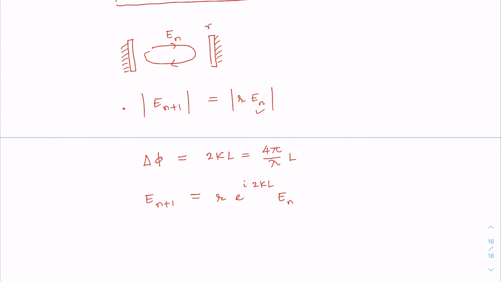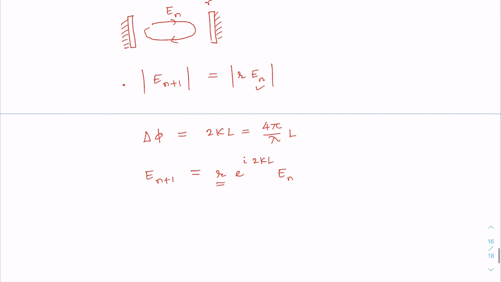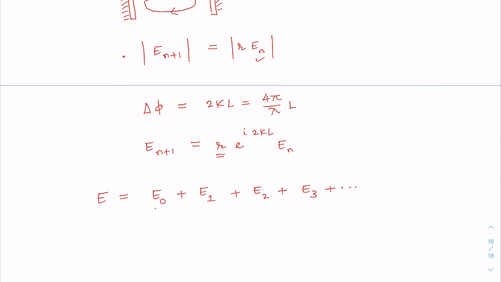Now let us assume that this quantity R is real, and consider the total wave over all the round trips. Initially we had electric field E0, then after one round trip we have E1, then E2, E3, and so on, related by this relation.